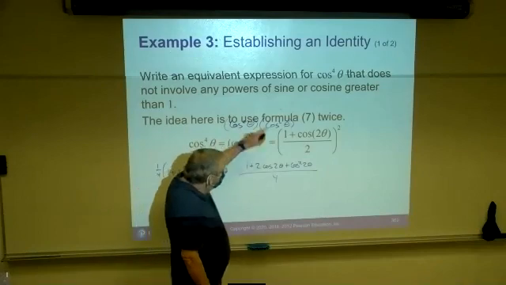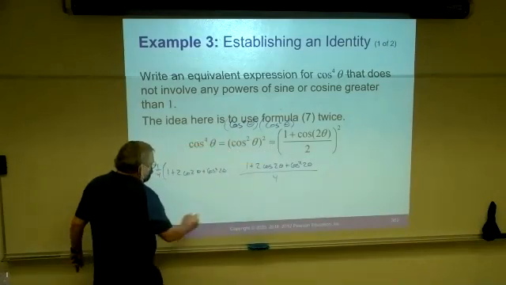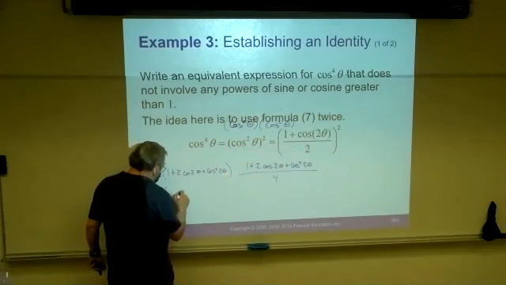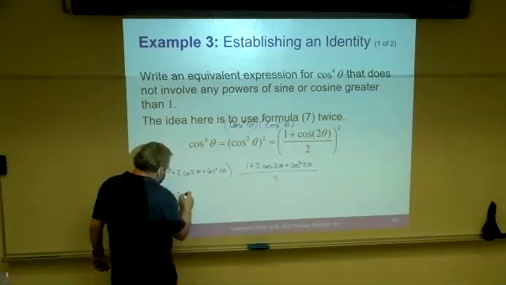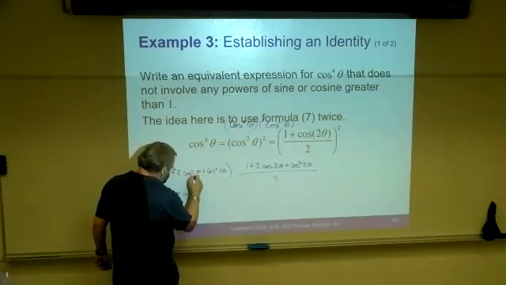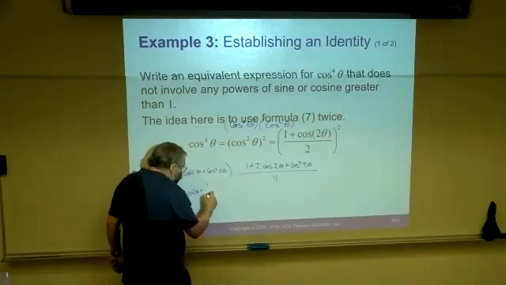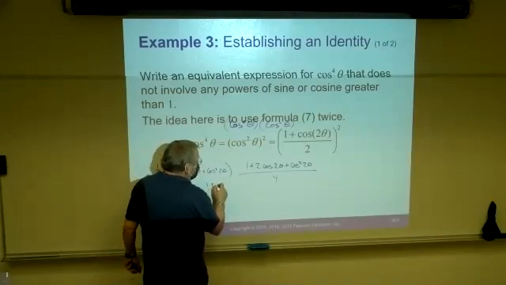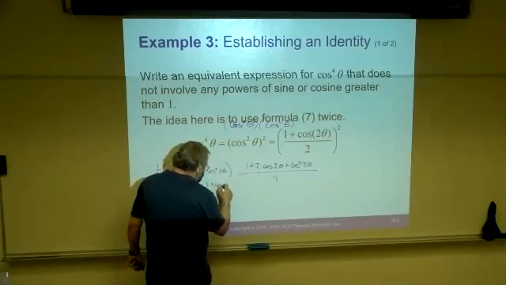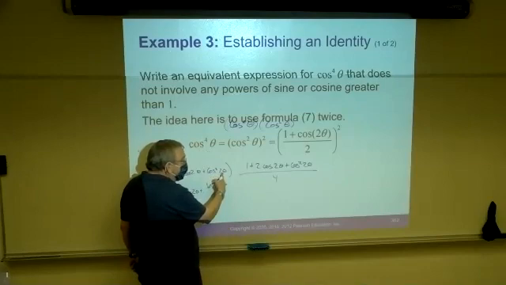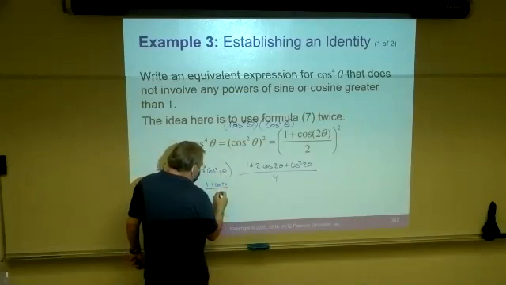We're going to use this same formula again. So this becomes 1/4 times 1 plus 2 cosine 2 theta plus 1 plus cosine 4 theta, because I double the angle again, divided by 2.